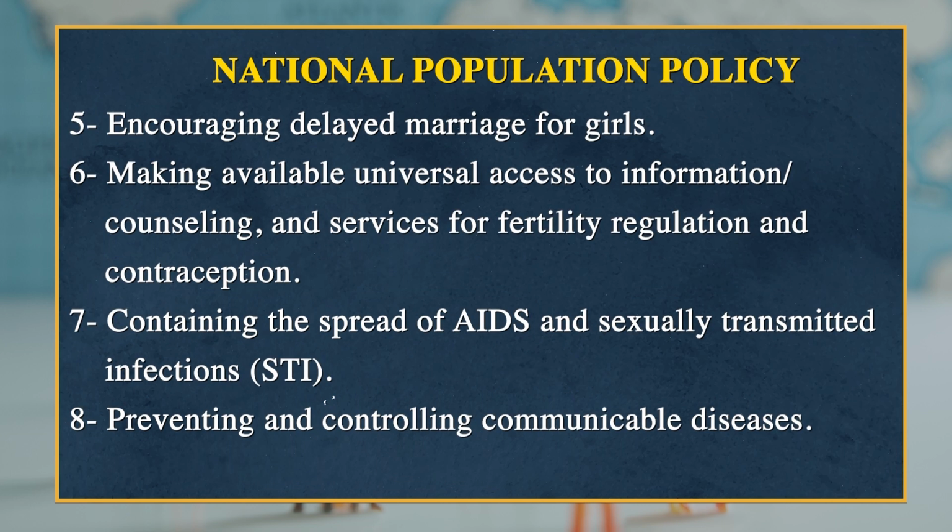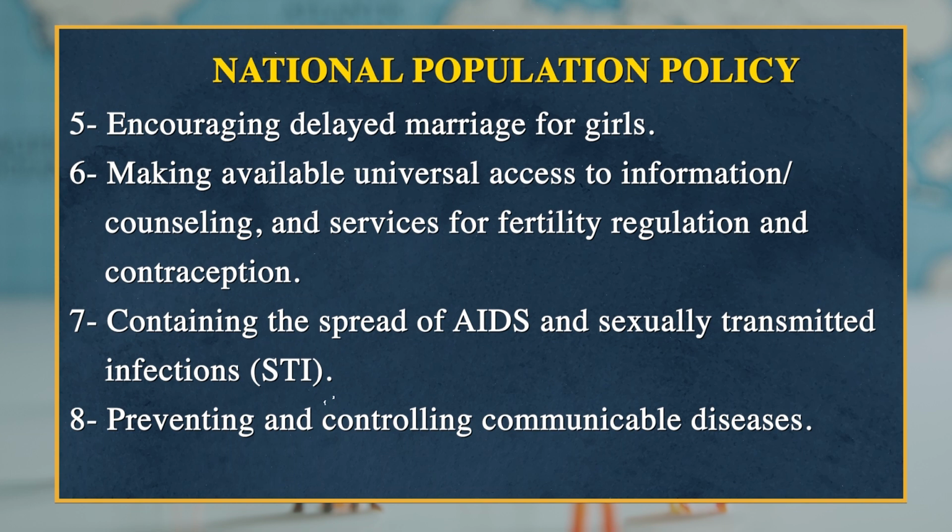Fifth one is encouraging delayed marriage for girls. Sixth is making available universal access to information, counseling, and services for fertility regulation and contraception. The last one is containing the spread of AIDS and sexually transmitted infections, which we call STI.